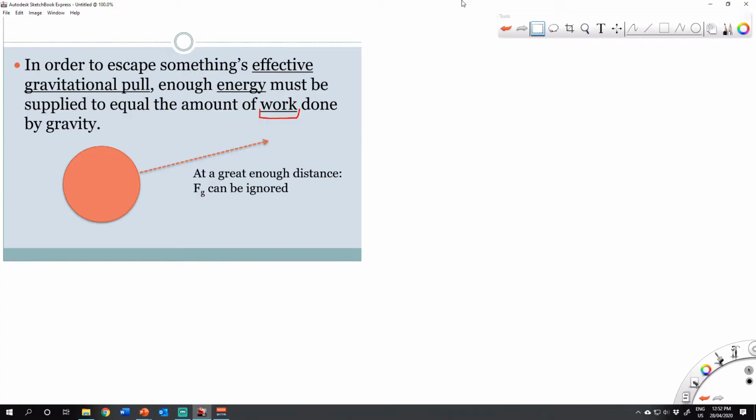Okay, so as I mentioned, if I want to escape the effective gravitational pull of a body, I have to provide enough energy to overcome the work done by gravity. I should make an addendum here: work done by gravity in attracting the object to itself.